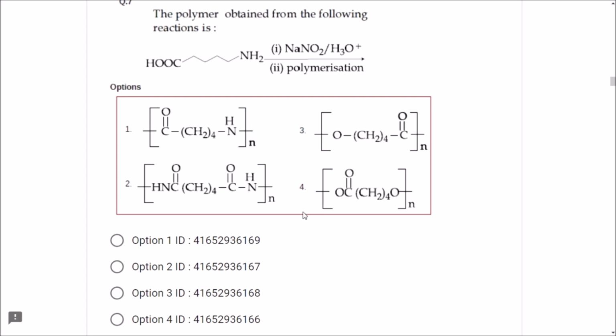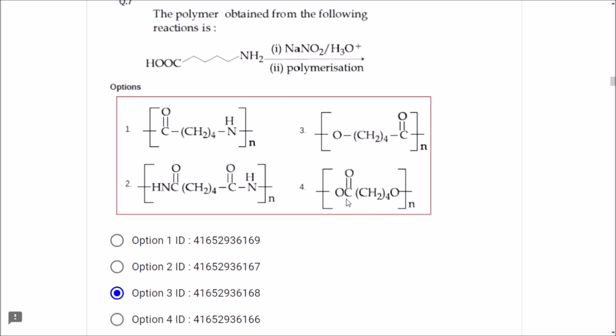This is not correct. Option number 2 is showing nitrogen. This is also not correct. So these two are not correct. Let us see 3 and 4. What is this? Ester. This is the OH of this molecule, the O of this molecule, and the carbonyl of another molecule. So this option number 3 is correct, students.